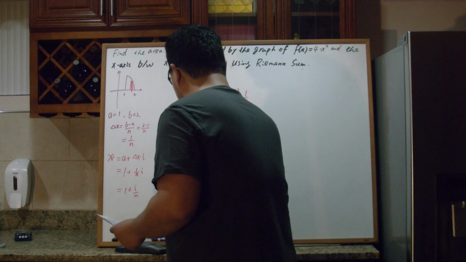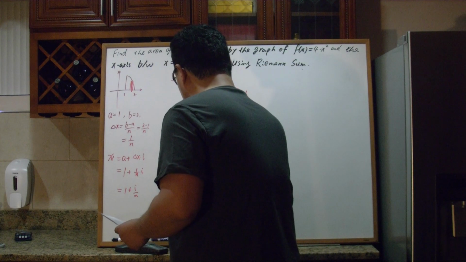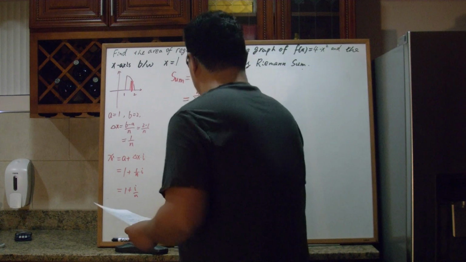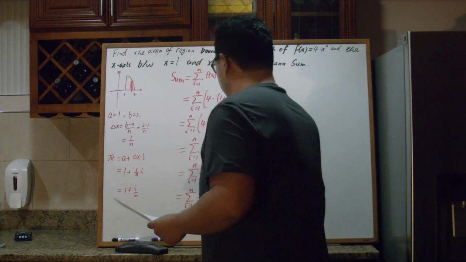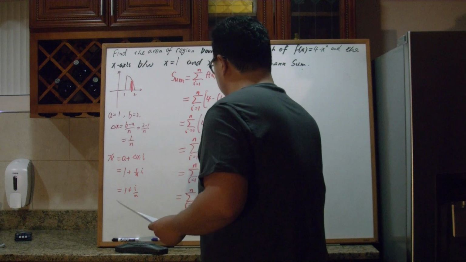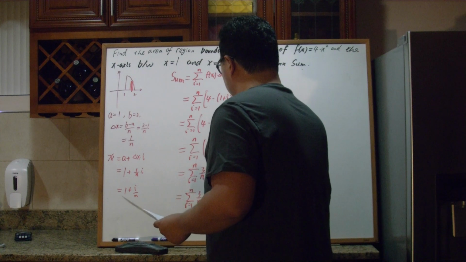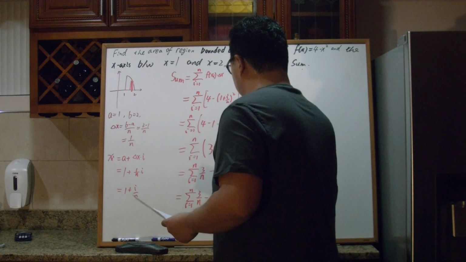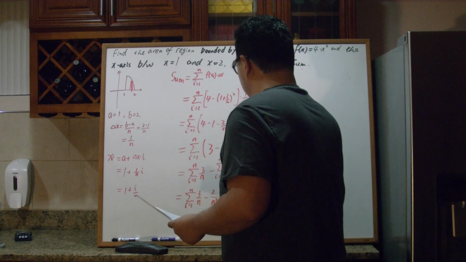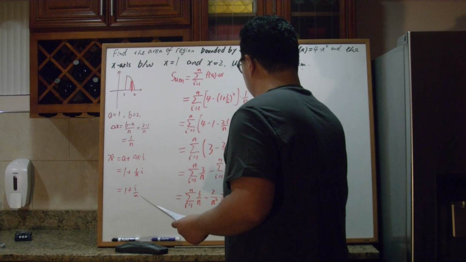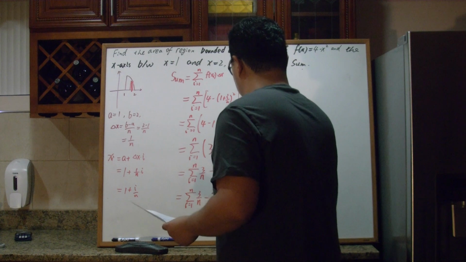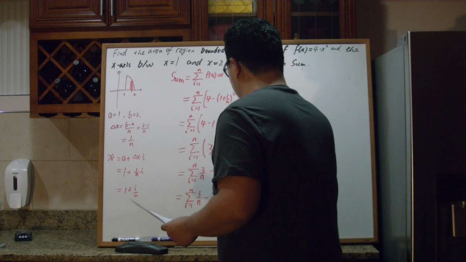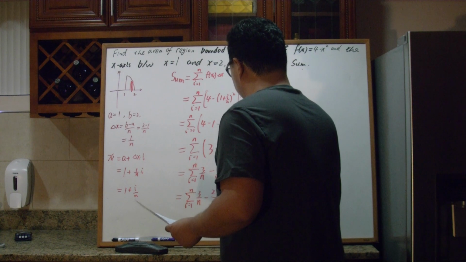Right, that is the sum of 3 over n minus 2 over n squared times the sum of i, minus 1 over n to the third times the sum of i squared.